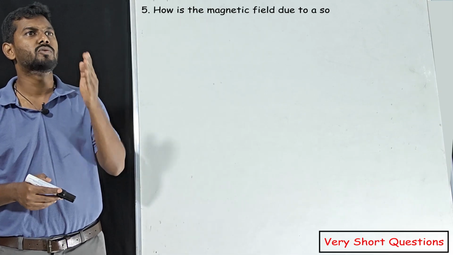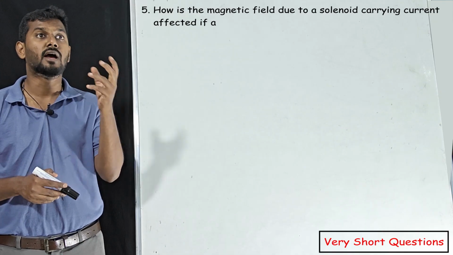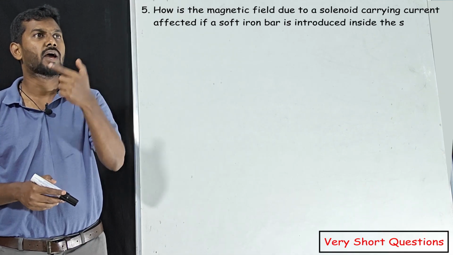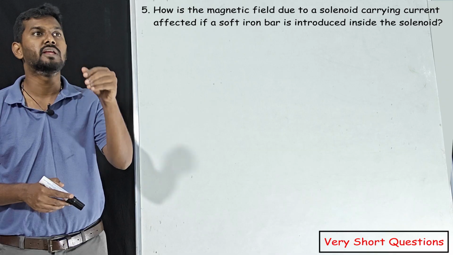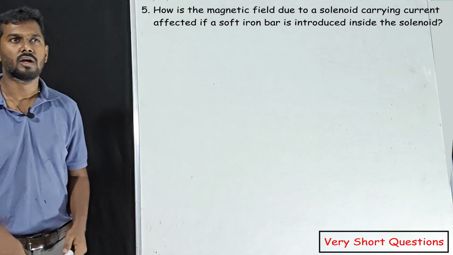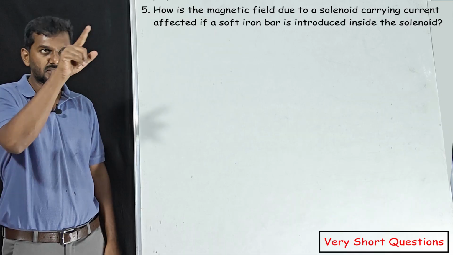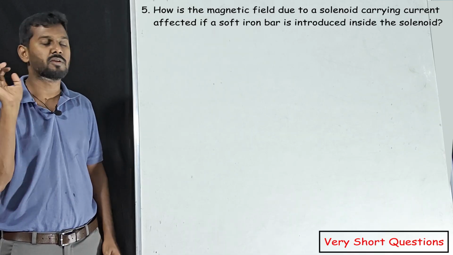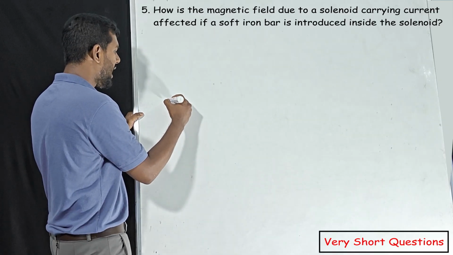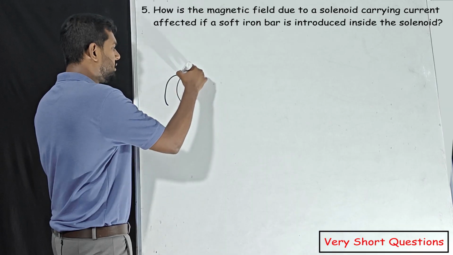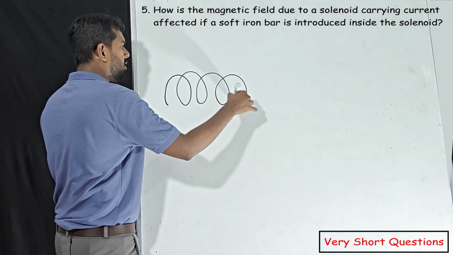Our next question: how is the magnetic field due to a solenoid carrying current affected if a soft iron bar is introduced inside the solenoid? A few students will fail to understand the question itself. Understanding these kinds of questions is very much important. Listen, first they have a solenoid. This is nothing but the solenoid.